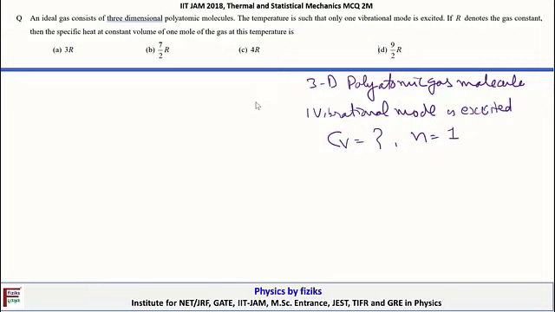Because it's a three-dimensional polyatomic gas molecule, the translational degrees of freedom are equal to 3. And then what about the rotational degrees of freedom? If we have, for instance, a linear diatomic gas molecule, then it will have only two rotational degrees of freedom.